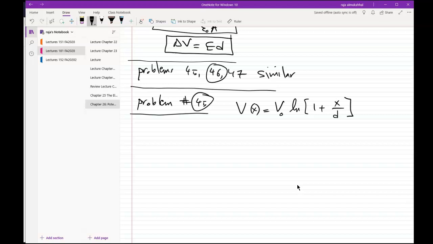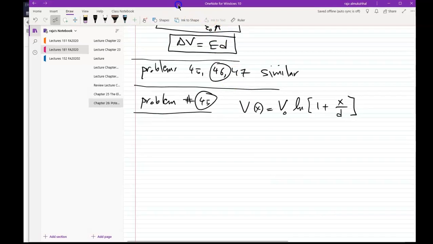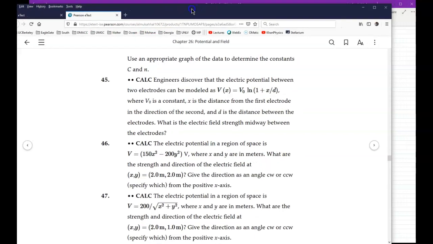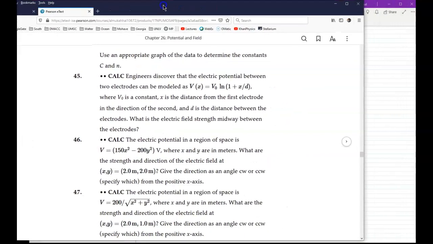All right? And he wants, let's read it again. Let me just read it very quickly. He says, you know, let me drag it so I can switch between them quickly. There we go. He says, what is the electric field midway between the electrodes? Okay, so that means what? What's midway? It means if the distance between them is d, then midway will be d over 2.